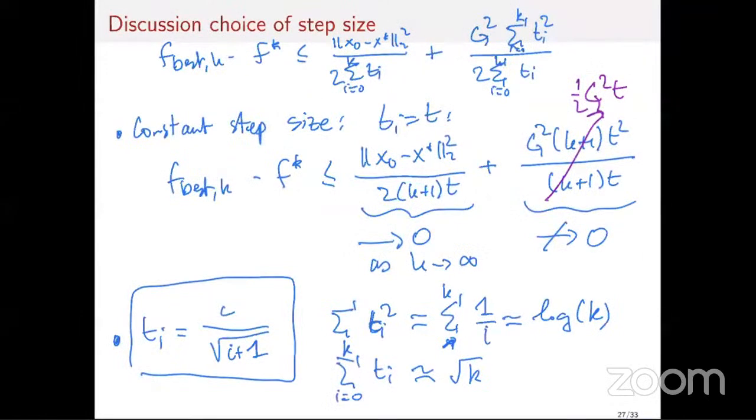If you look at this expression here, because we've seen that the sum of squares of the t_i will be roughly log k, and the sum of the t_i's will be square root of k, this is what you will get as the convergence rate of your method.